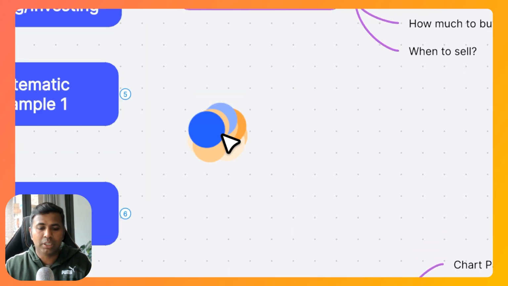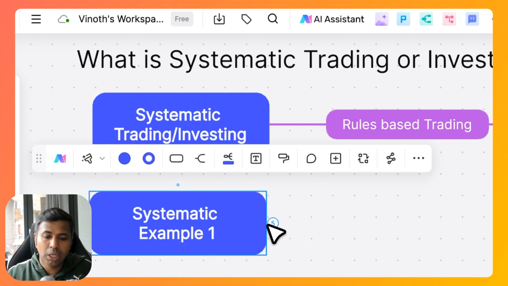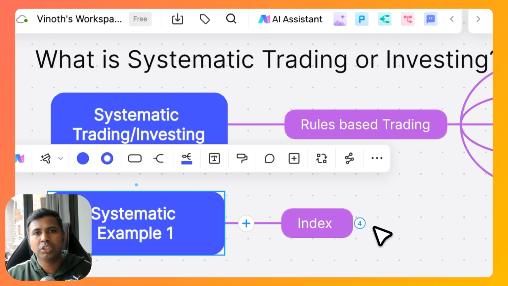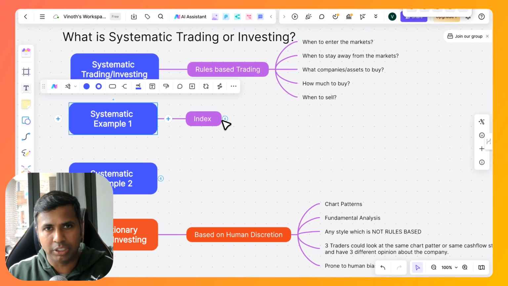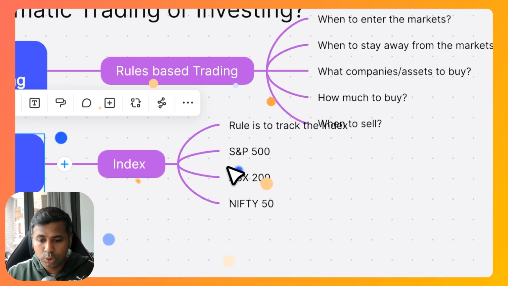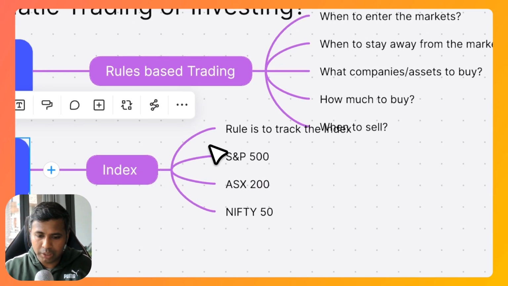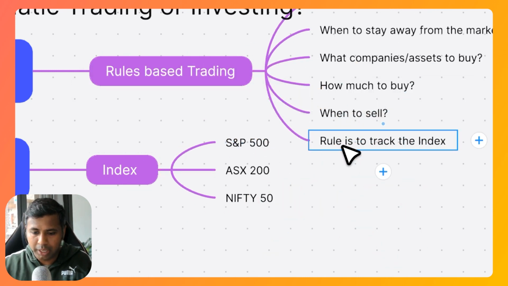Now let us look at a couple of examples of a systematic approach. One of the simplest systematic approaches is index investing, through index ETFs or index mutual funds that track the index.